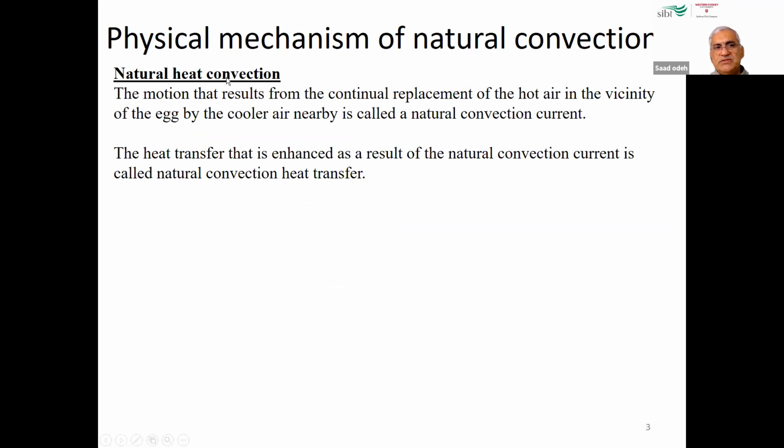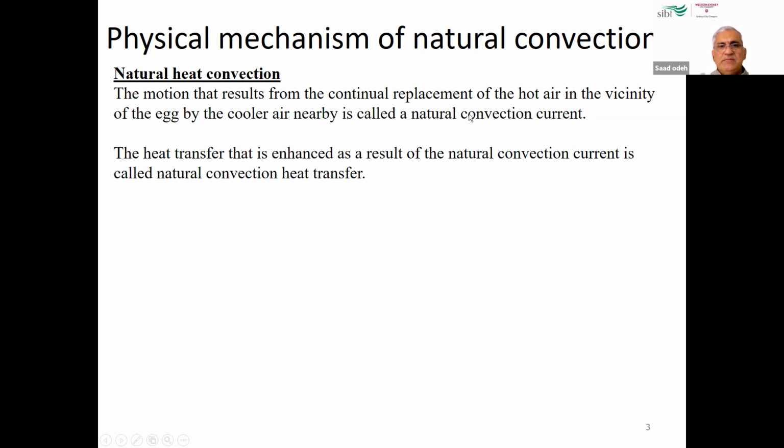Natural convection, or heat transfer by natural convection: the motion that results from the continual replacement of the hot air in the vicinity of, for example, a hot egg that we put in a room.